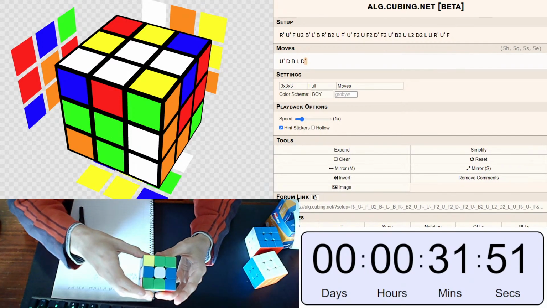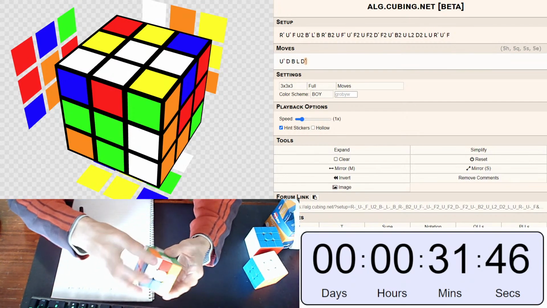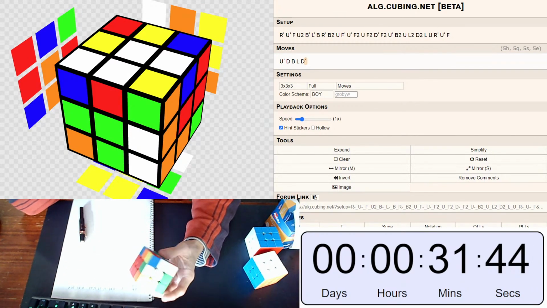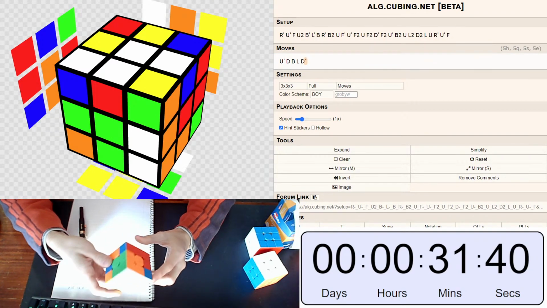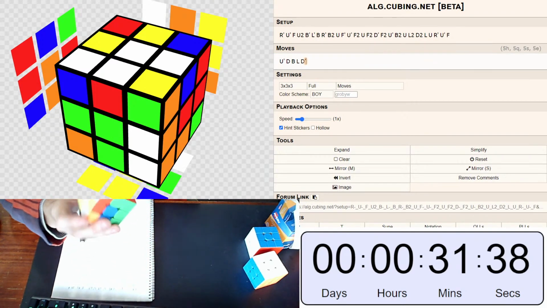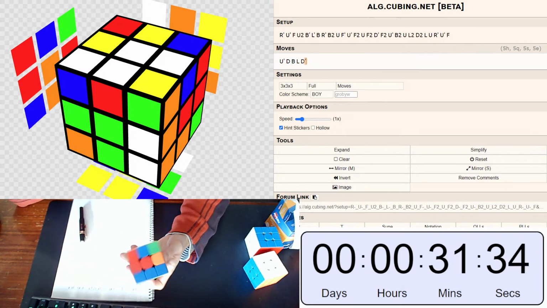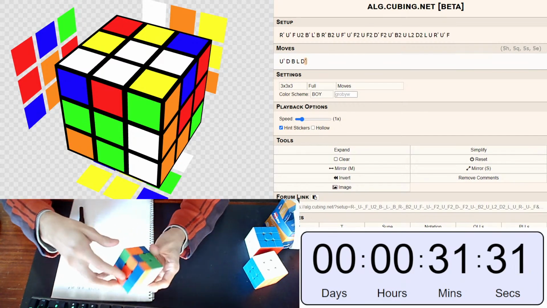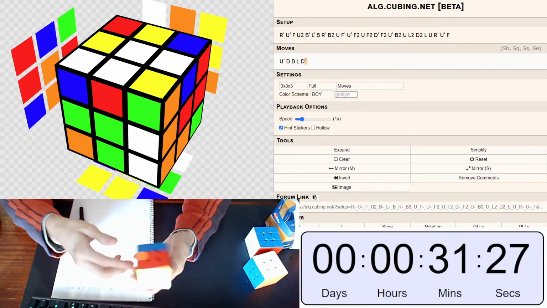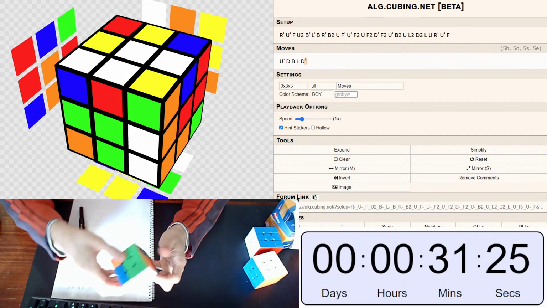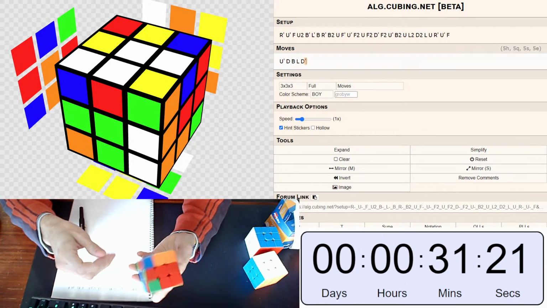U, F, U prime, B2, R, B prime, L, B, U2, F prime, U, R. D2, R2, U prime, R2, U, L. This is a bit better. D2, R2, D prime, B2.